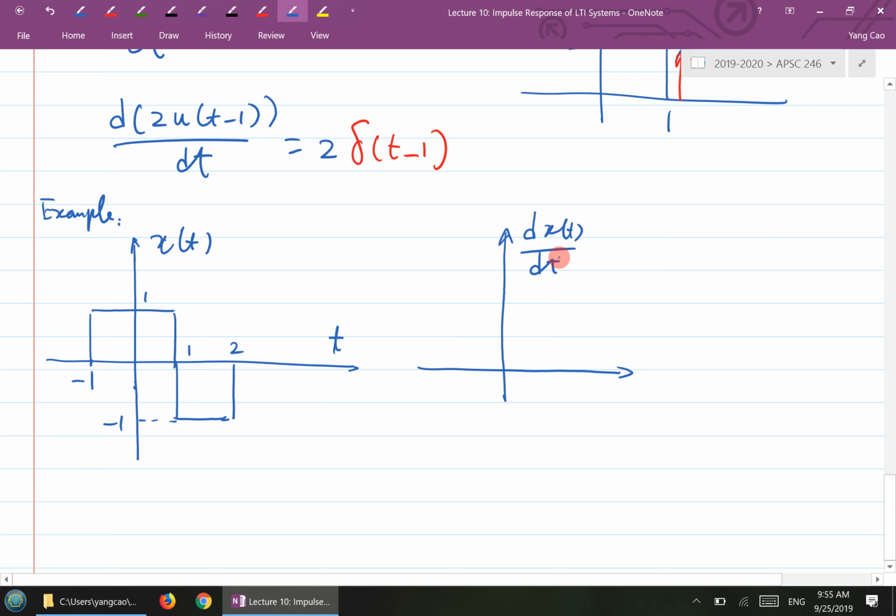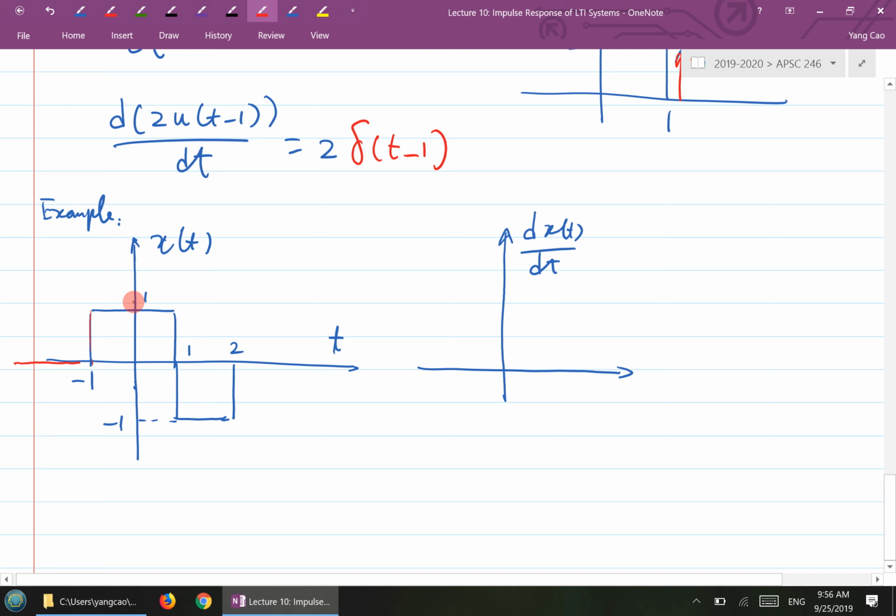So let's start from the left side here. This portion is all flat 0, so as you go, the slope must be 0, right? And at this -1 location, there's a jump. So the slope at this location will be infinite, but that's what we call delta t. And the magnitude here is 1.